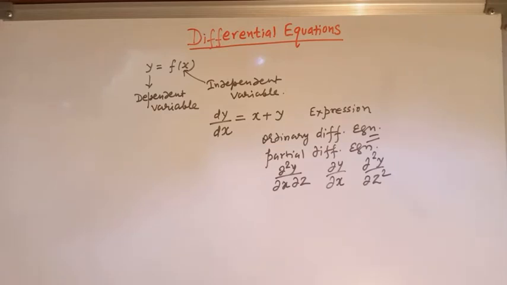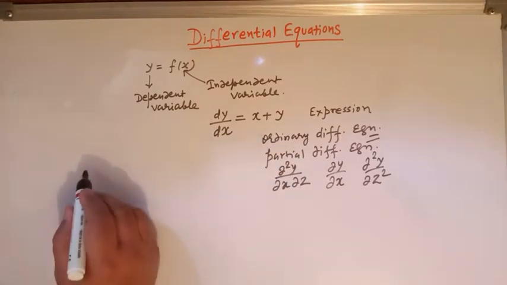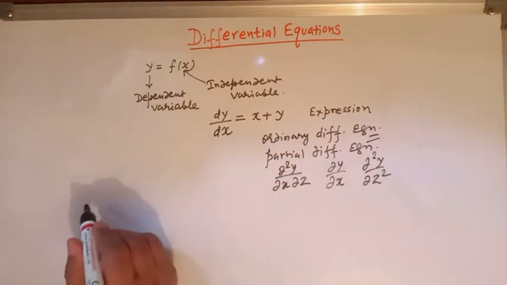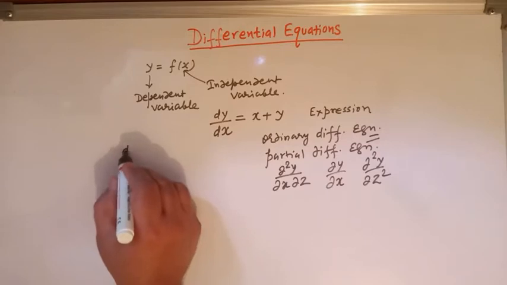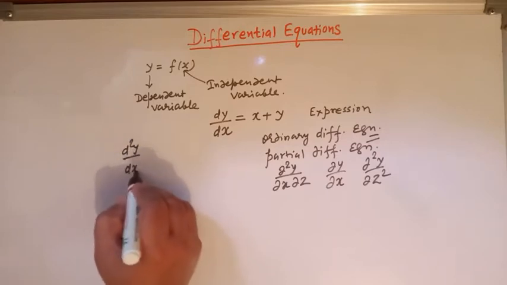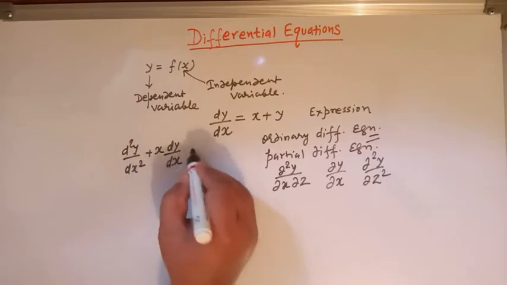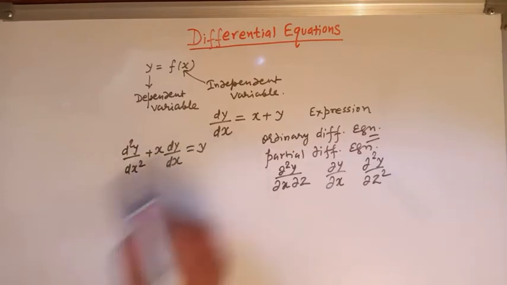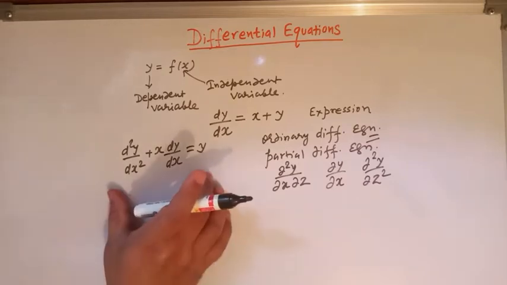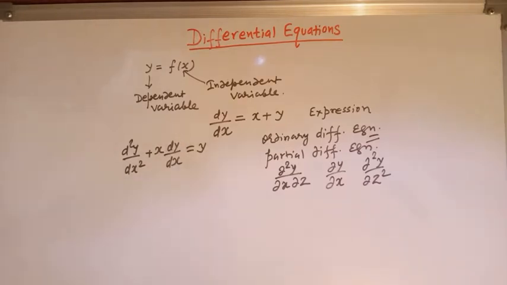Okay, so here's some more examples of ordinary differential equation: d square y over dx square plus x dy over dx equal to, say, y. Clear? Now this is an ordinary differential equation.